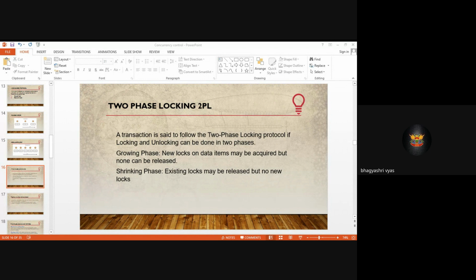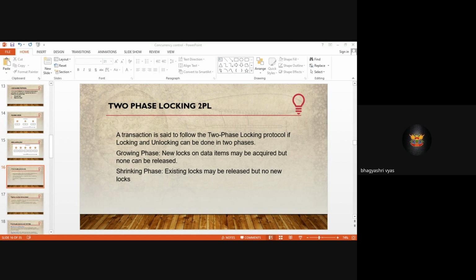As we have said, it works in two phases, right? In the first phase, when a transaction begins to execute, it requires permission for the locks it needs. And in the second part, the shrinking part, the transaction releases its locks, and it cannot demand any new lock, instead only releases the locks it acquired.